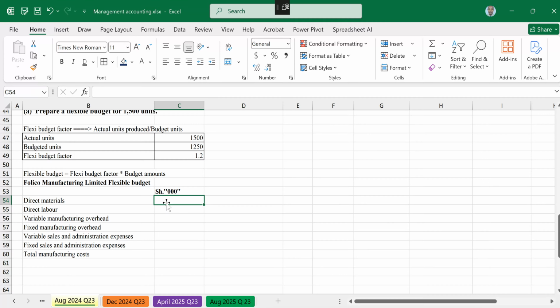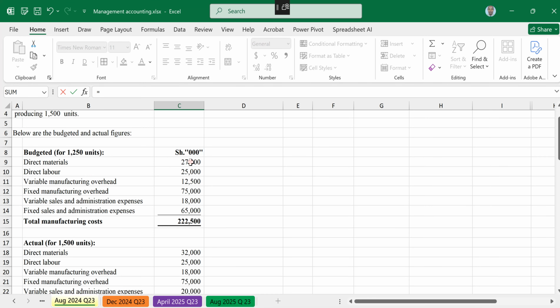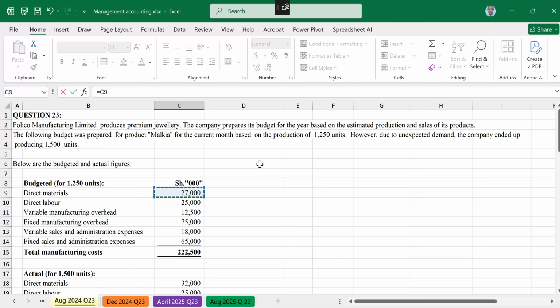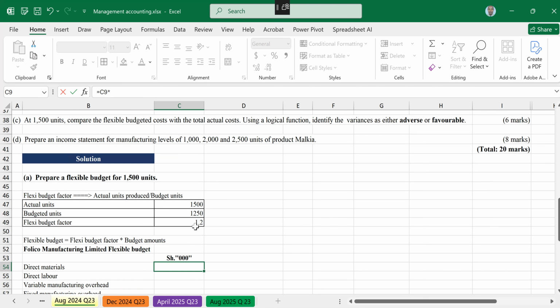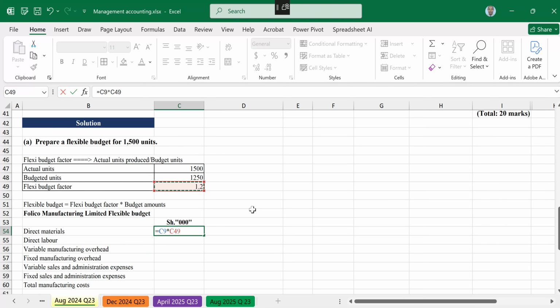Now to get the flexible budget, we will simply multiply the budgeted amounts as given with the flexi budget factor. So that will be equal sign, go to the budgeted amount, like the direct material, 27,000, times the flexi budget factor of 1.2.